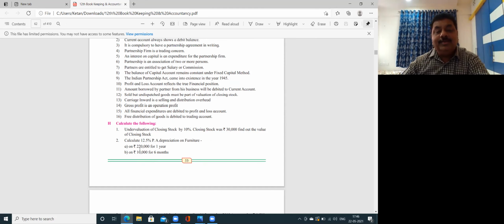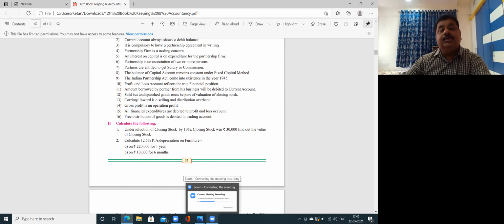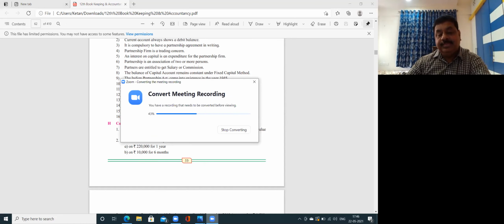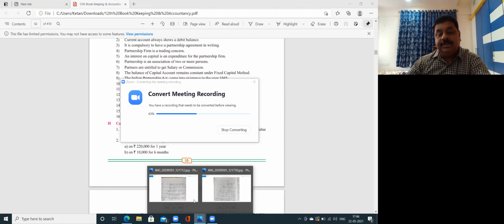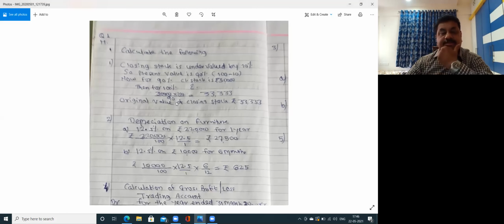So you have to calculate the full year depreciation on 2,20,000 and 6 months depreciation on 10,000. Then show the total depreciation like this. Depreciation on furniture 12.5% on 2,20,000 for 1 year: 2,20,000 upon 100 into 12.5 upon 1 is 27,500.